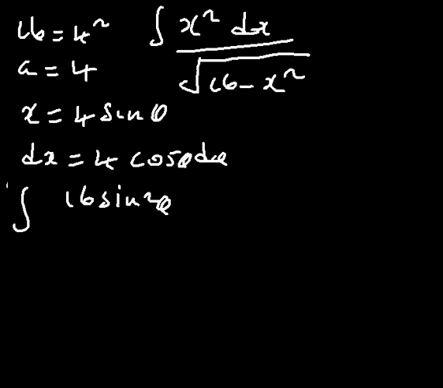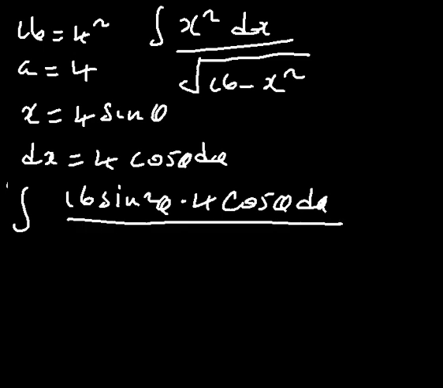dx is given as 4 cos theta d theta, divided by 16 minus x squared, so we should also have it in the same way: 16 sin square theta.